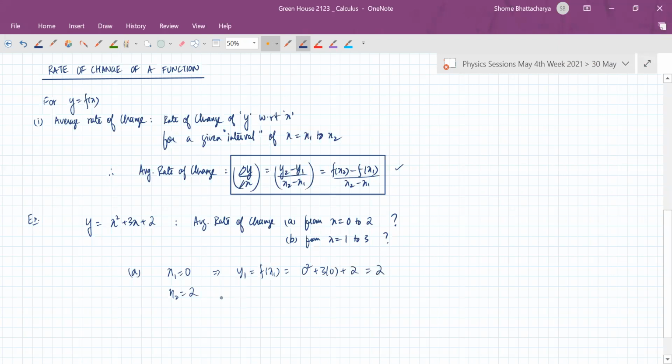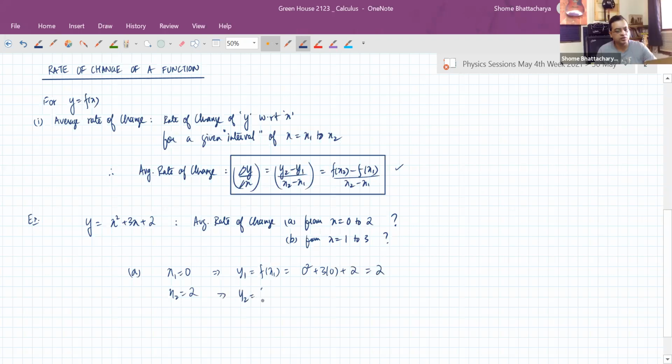So that's 2. And y2, which is f of x2, we substitute 2 in the function x square plus 3x plus 2. So 2 square plus 3 into 2 plus 2. That's 4 plus 6, 10 plus 2, 12.